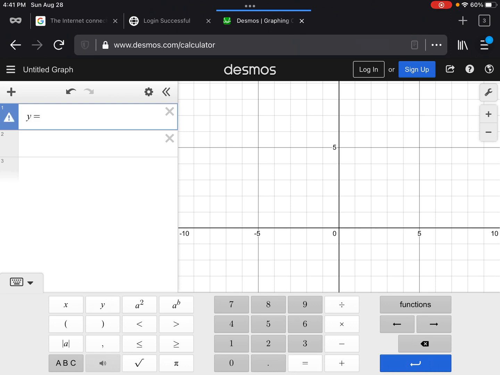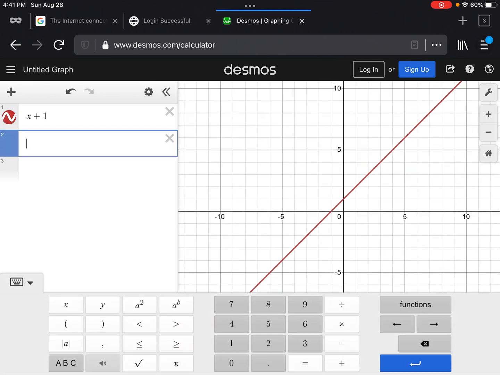You can hit y equals if you want, or if you just start typing like we did on the graphing calculator, x plus 1, it'll assume it's y equals x plus 1. That would be identical to if I just put on this one y equals x plus 1.